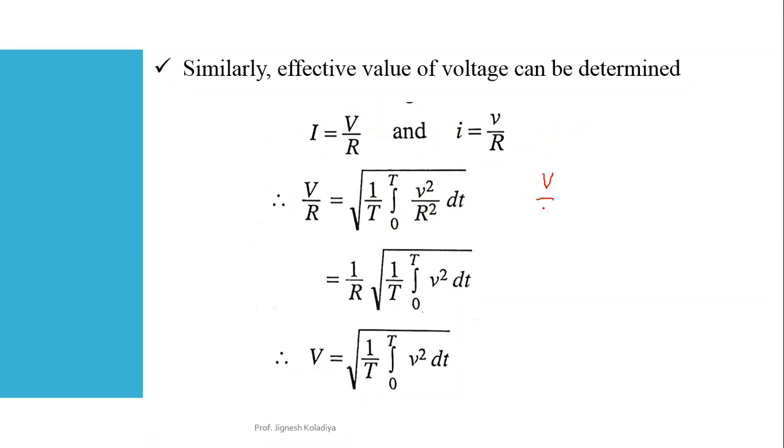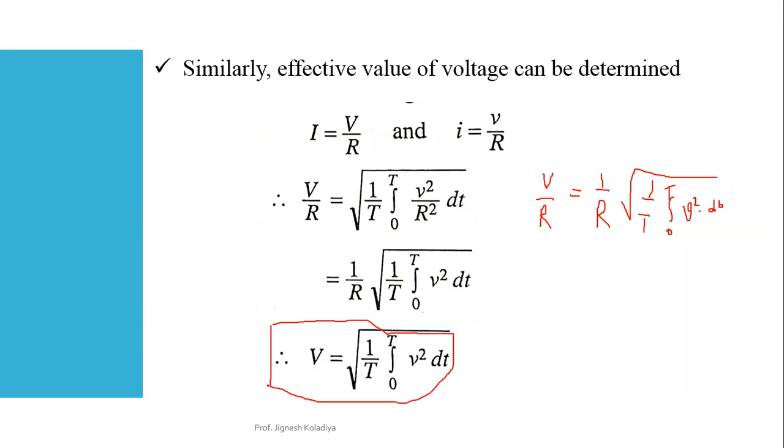V by R is equal to, I'm taking this R out of this square root, under root as it is 1 upon T integration 0 to T, the remaining is v square into dt. R is cancelled, so I'm getting the same equation just like the current, only the quantity current is replaced by the voltage. Any doubt up to this?